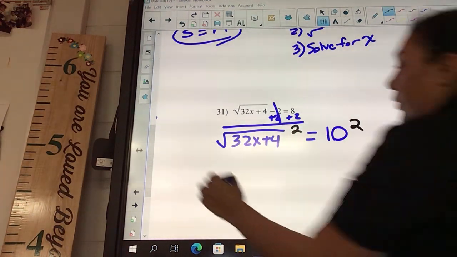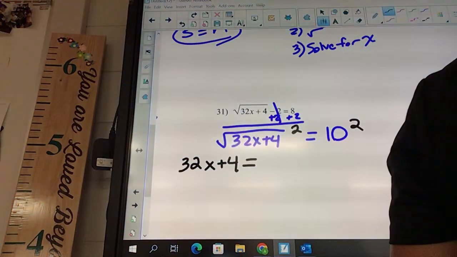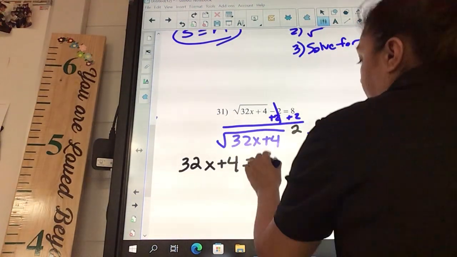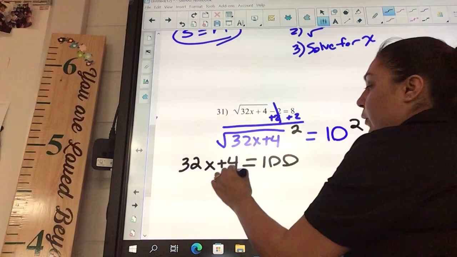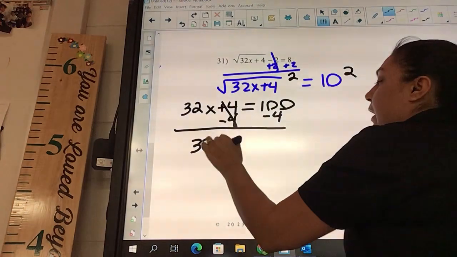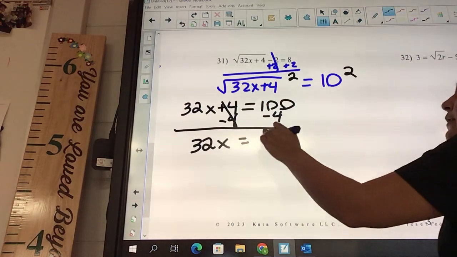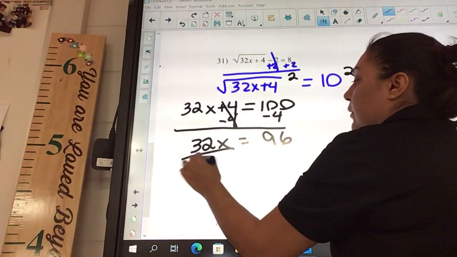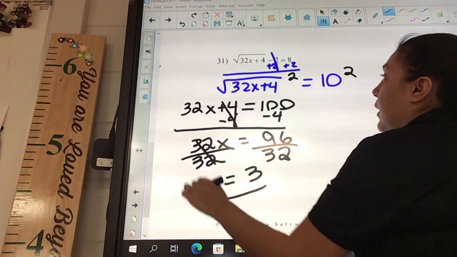On this side you have 32x plus 4 equals what? What's 10 squared? 100. Then minus 4, minus 4. 32x equals 96. Then divide by 32, and we get x equals 3.